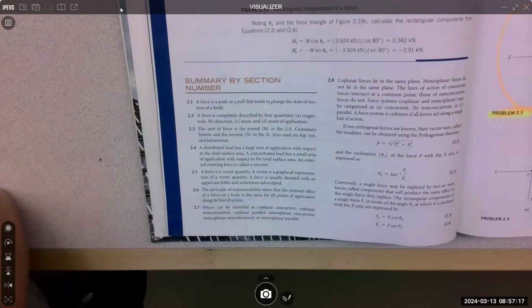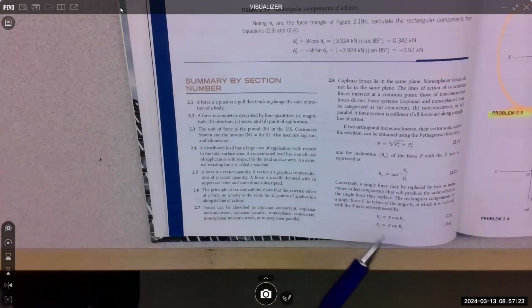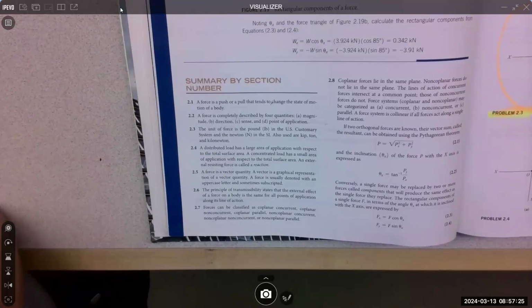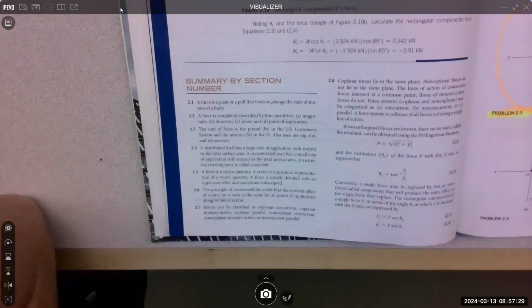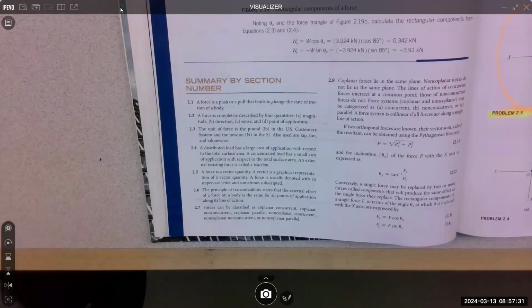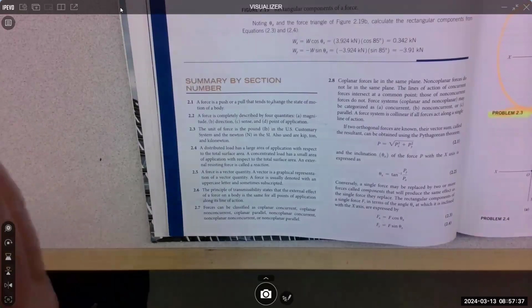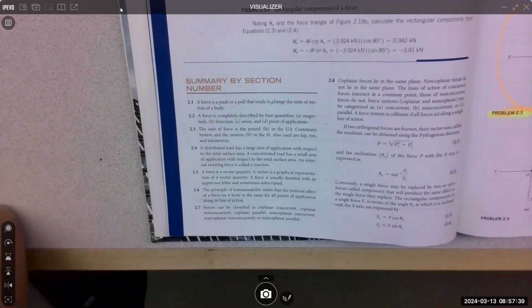Perfect. And then, did we do components in this chapter? Yeah, components. So you could have a problem that says, find the components of a force, that's it. But it could be a complicated problem, like there could be 8 forces, because I might use a problem over and over on the test. One of the questions might say, find the components of the 10 Newton force. That's all you have to do.